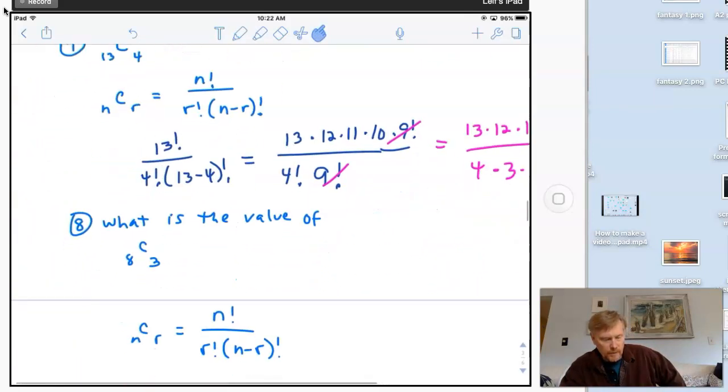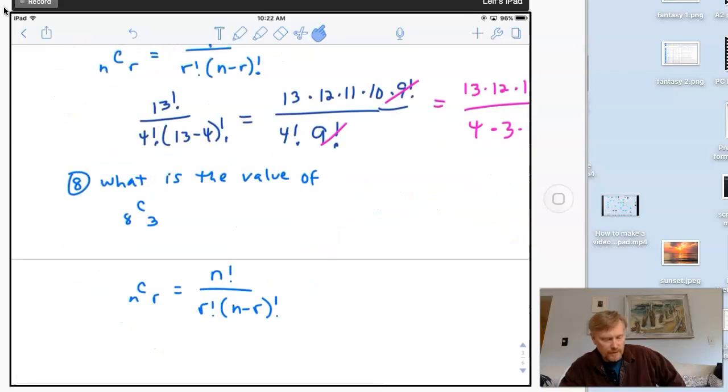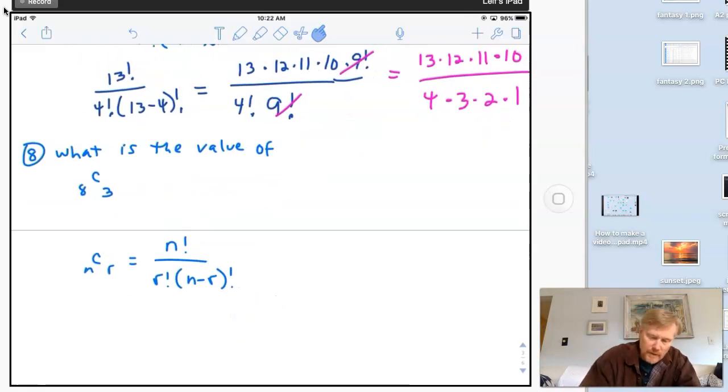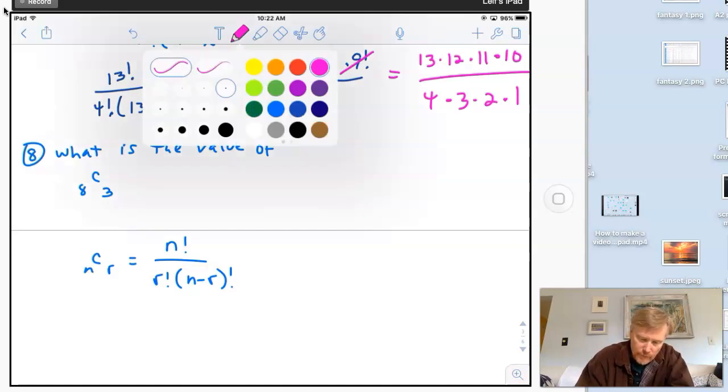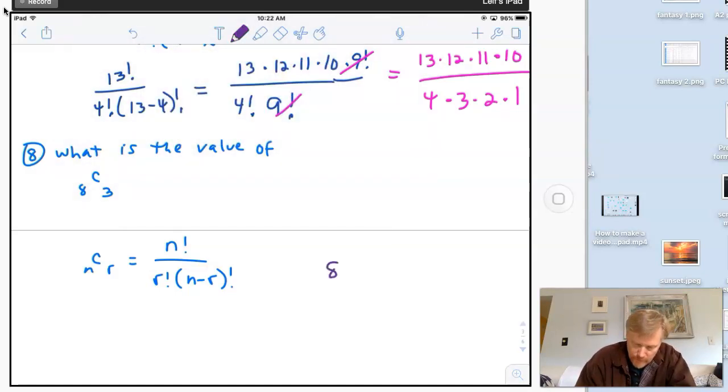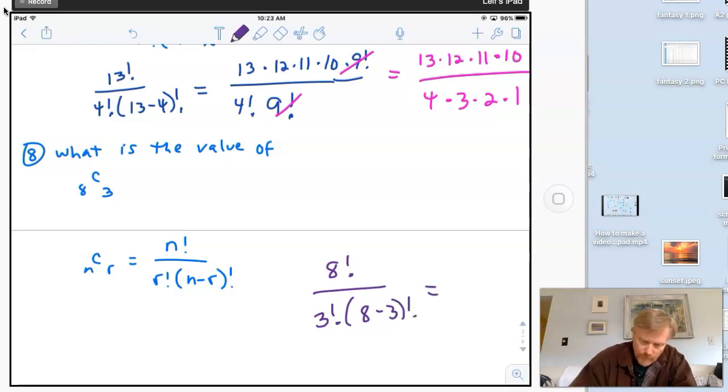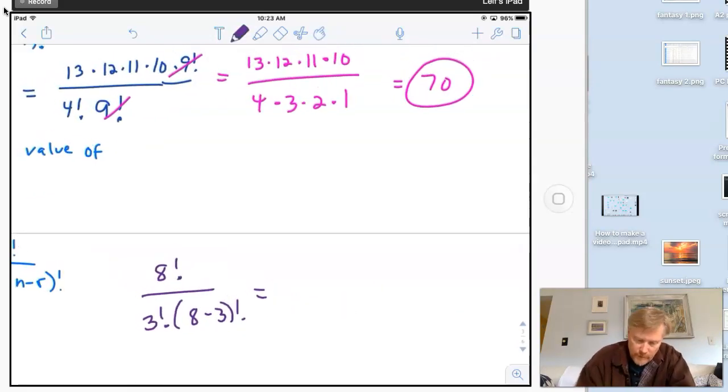This one, what is the value of 8C3? So once again, if I'm plugging these values in, 8 will be the N, 3 is the R, now I can simplify it.